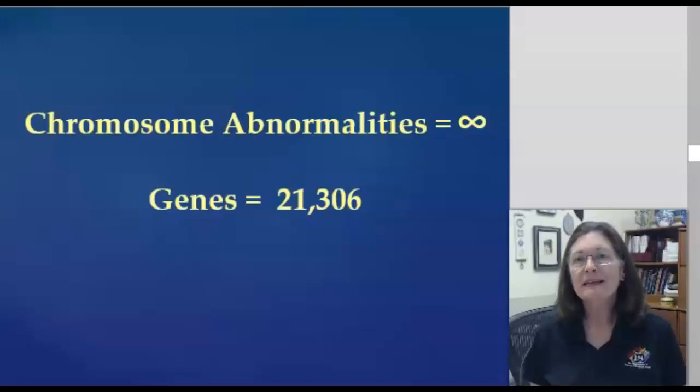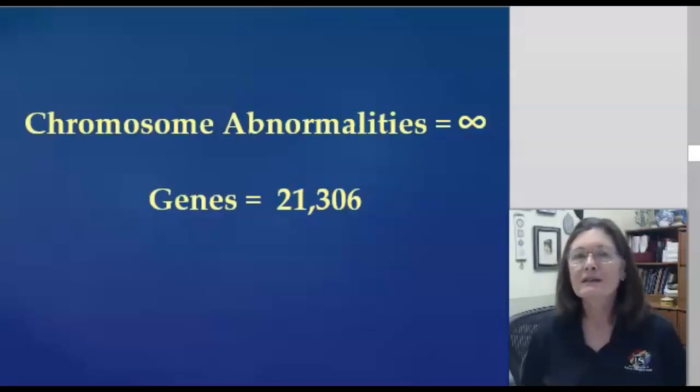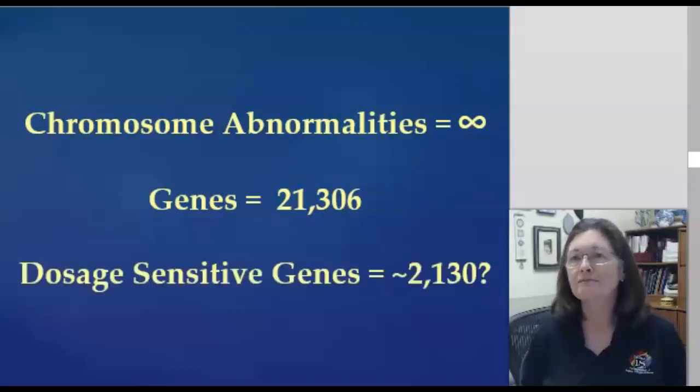So there can be an infinite number of variations, but there's really a finite number of genes involved. So we need to base our information not on a syndrome, meaning a deletion that someone has as a defined condition, but on the various genes that are involved.